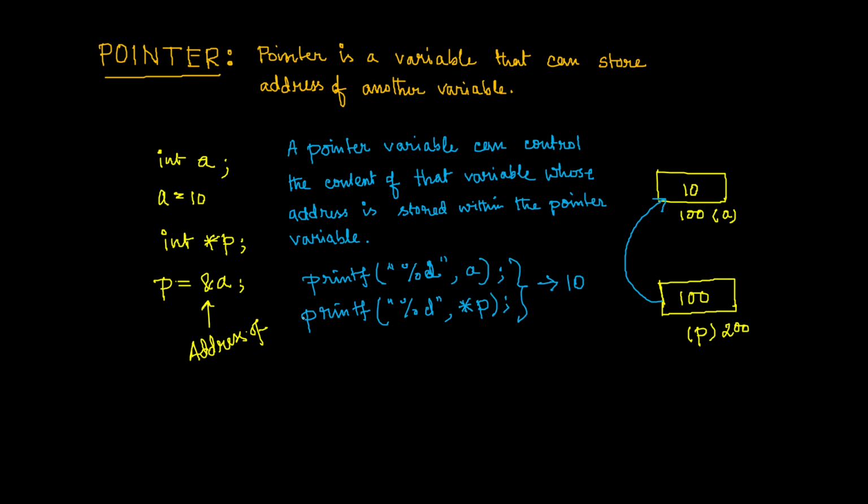But remember one thing, there is a very important difference between pointer p plus plus and p plus plus. p can be a pointer variable or a simple variable, whatever, but it is a variable.